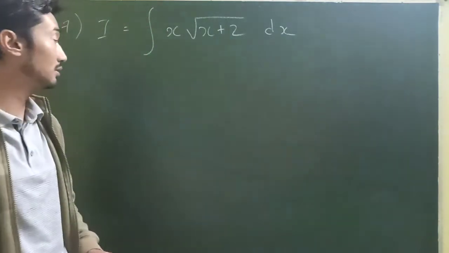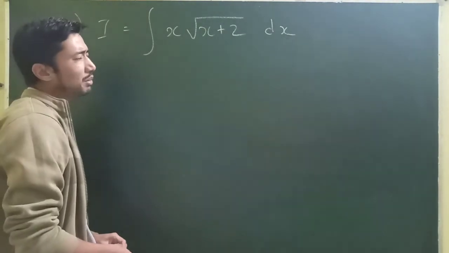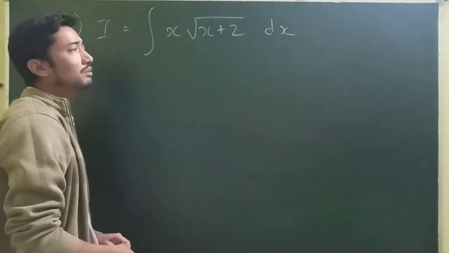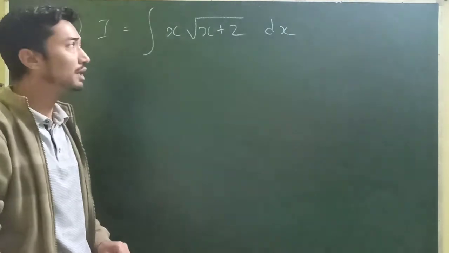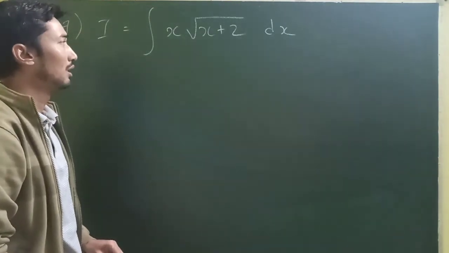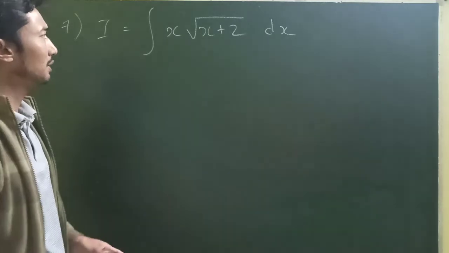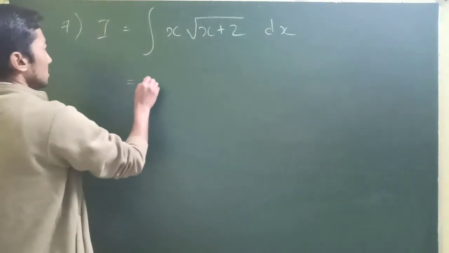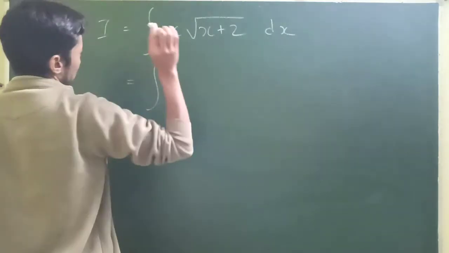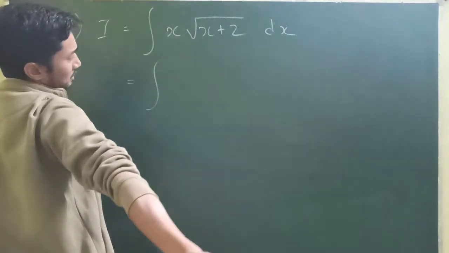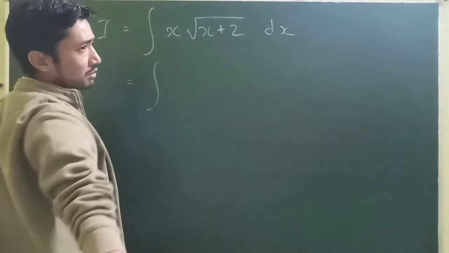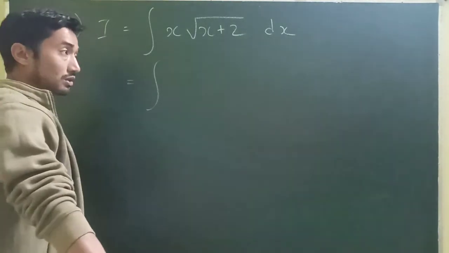Direct substitution is a possibility. I think we can, not a big problem there. But anyway, let's just do something else. I can do x plus 2 as t square. No problem with that also.